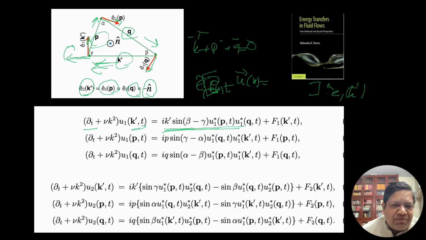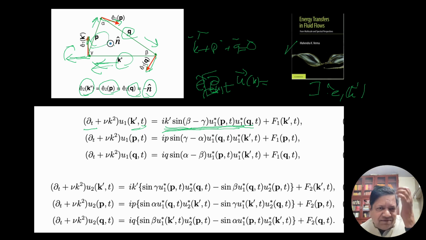If you do the algebra properly, which is there in this book, you will get i k prime sine beta minus gamma U1 star p, U1 star q. It looks nice. We don't have tensors, very complex expressions, pressure is gone, and that's it.